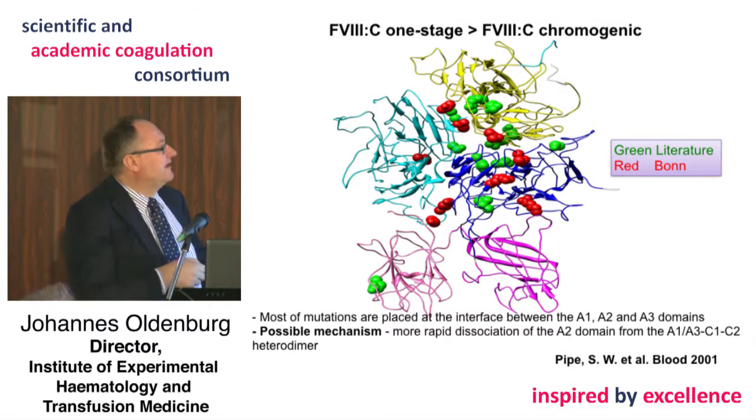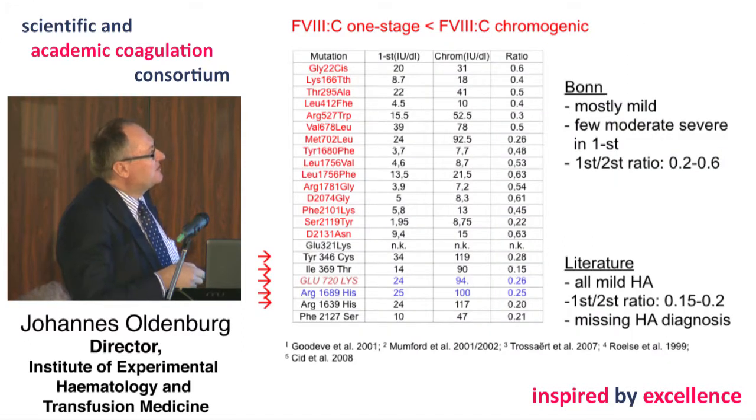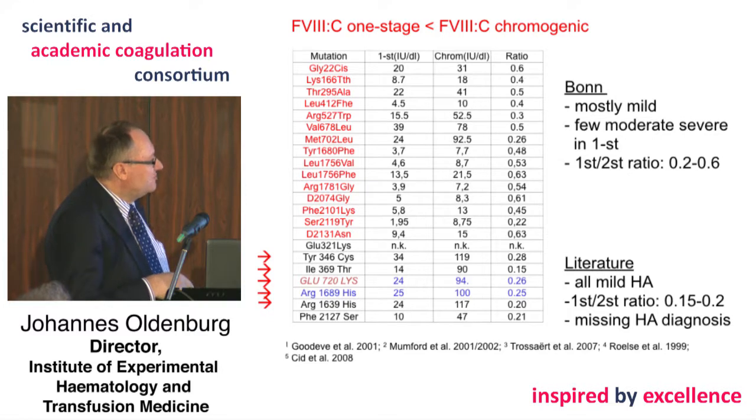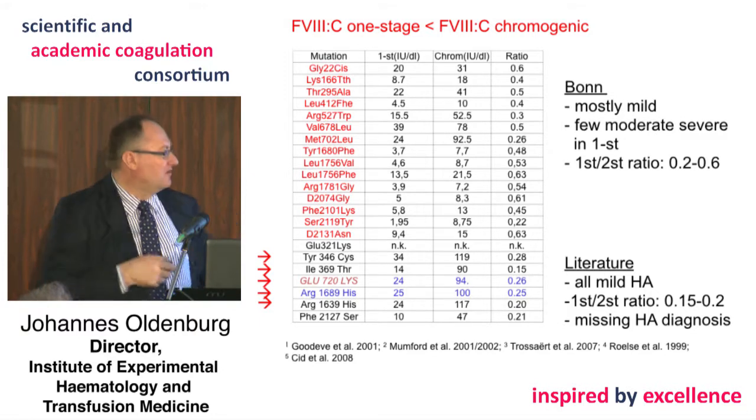This is just the other way around, where the chromogenic assay shows much higher values than the one-stage assay. And I would like to point only to these patients at the bottom, where the chromogenic assay does not diagnose the hemophilia at all.